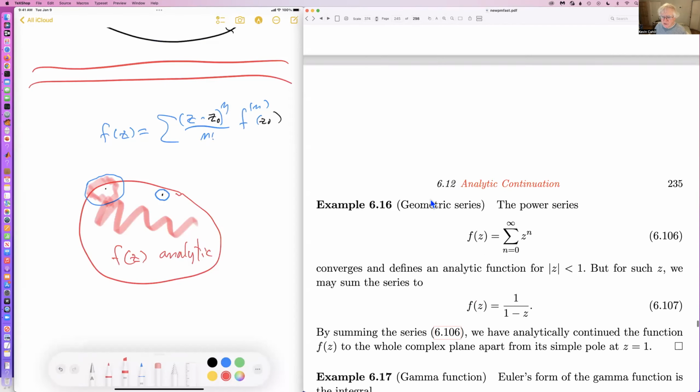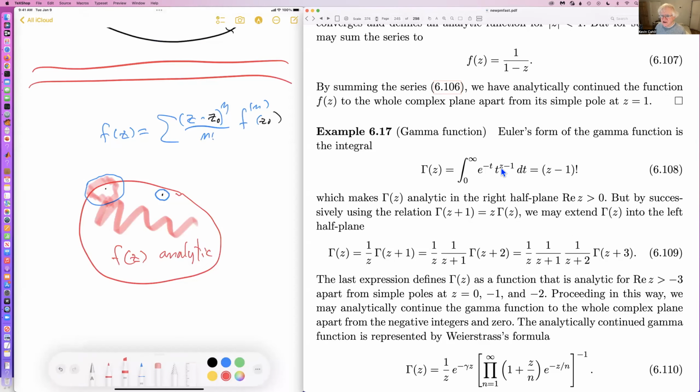Now, a really nice example of that is the gamma function. So let's look at the gamma function. Initially, we define the gamma function for the right half plane.